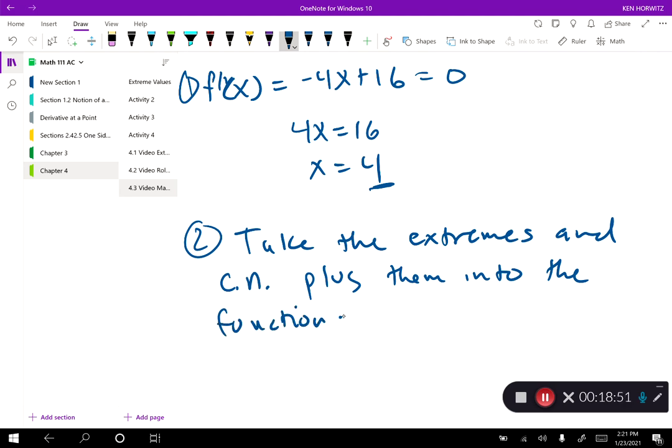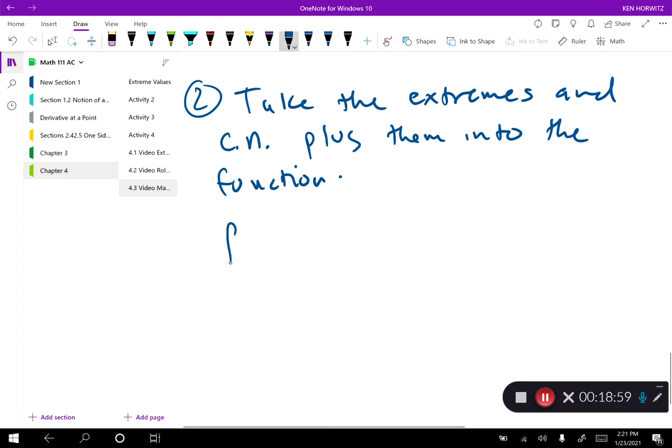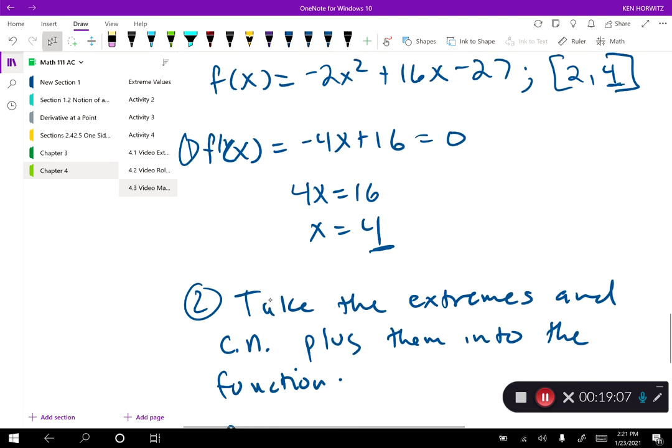So if there's a limited domain, it's a little bit easier. I need to know what f of 2 is and f of 4.